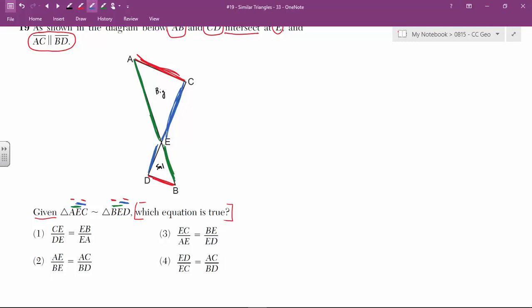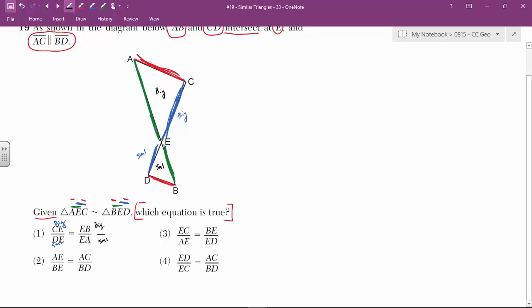CE, that's the big from the blue, divided by DE, and that's the small blue. So far we've done big divided by small. Okay, so we need to repeat that. We need big divided by the corresponding small.